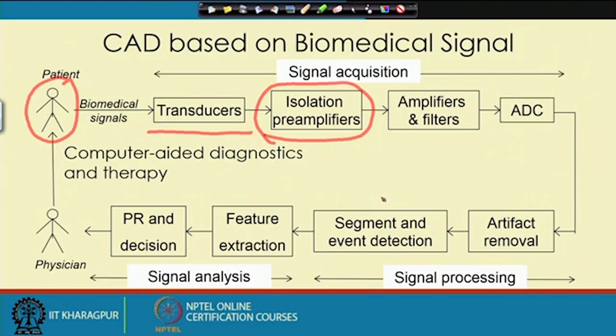If a high potential comes here, it will sacrifice itself and save that subject, and it should be followed by an amplifier and filters before analog to digital conversion, and this part of the work we call the signal acquisition, and this part is taught in the instrumentation course.